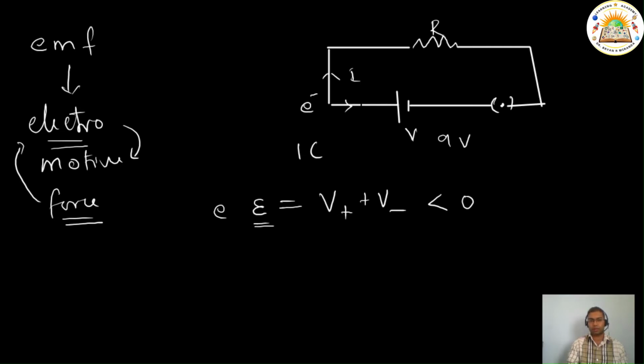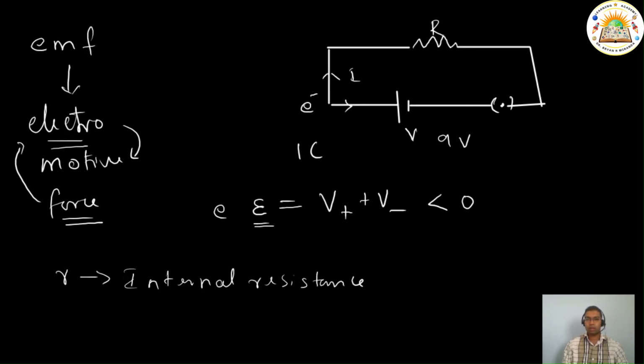Now, before we proceed any further with a deeper understanding of EMF, an important concept we have to understand is internal resistance. What is the meaning of this? We have a capital R in the circuit, which is our external resistance.